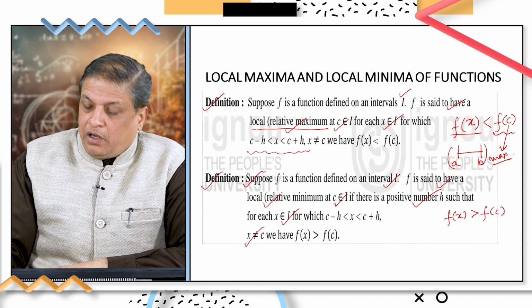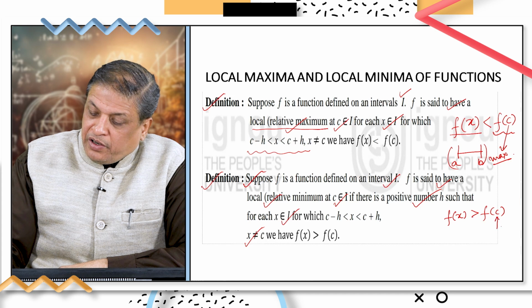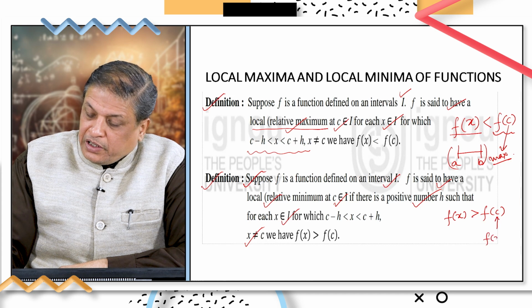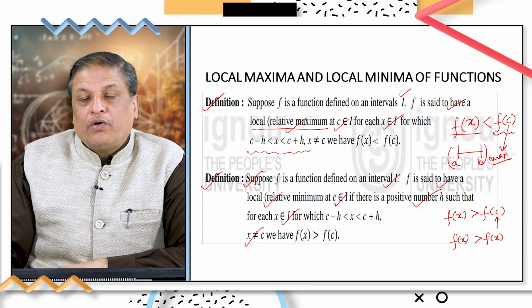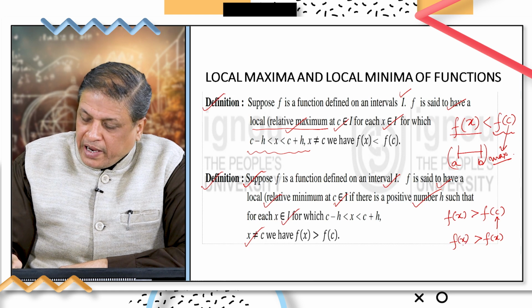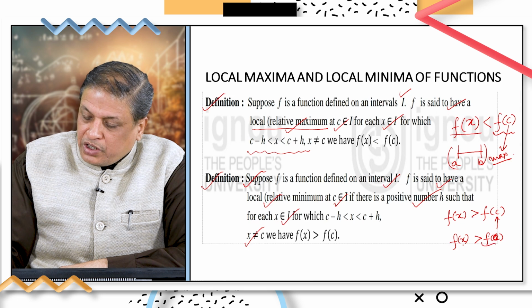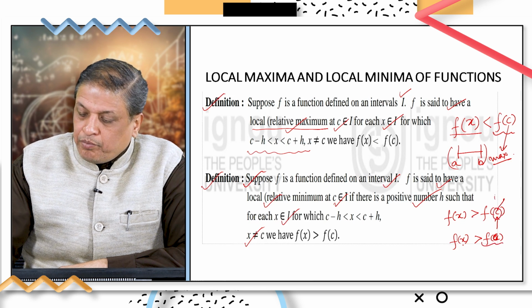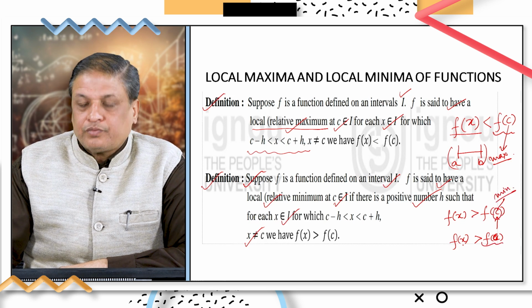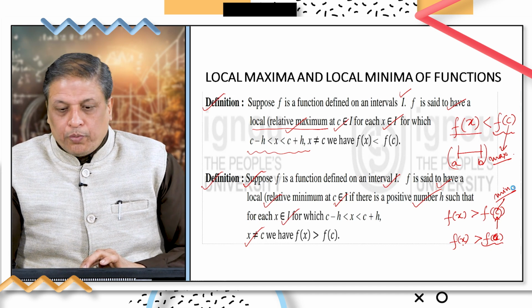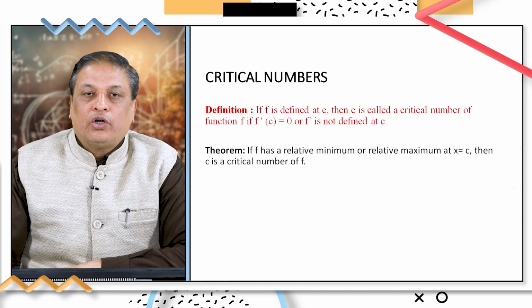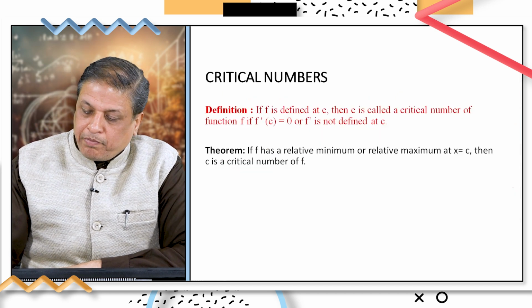That means at that point C, the value of the function is the minimum in comparison to all other values of the function at any point x lying in the interval. So, this value is nothing but the minimum value. I hope you understood what we mean by the minimum and maximum.